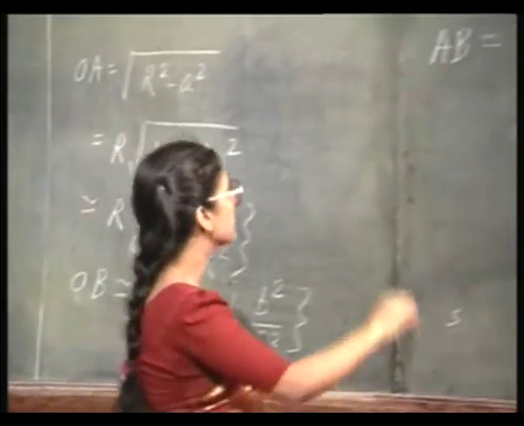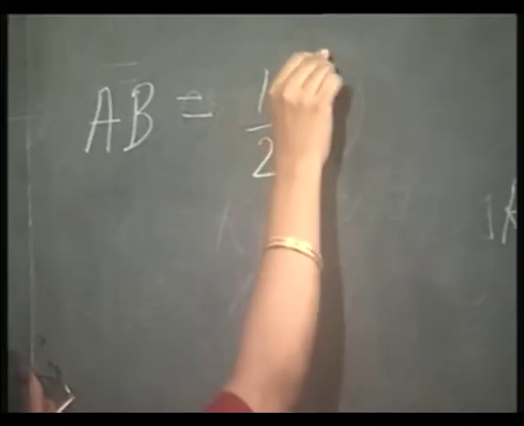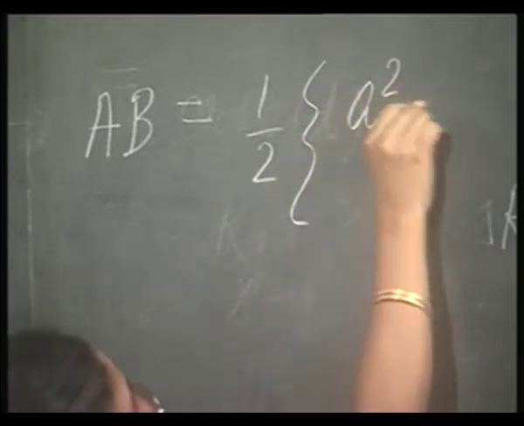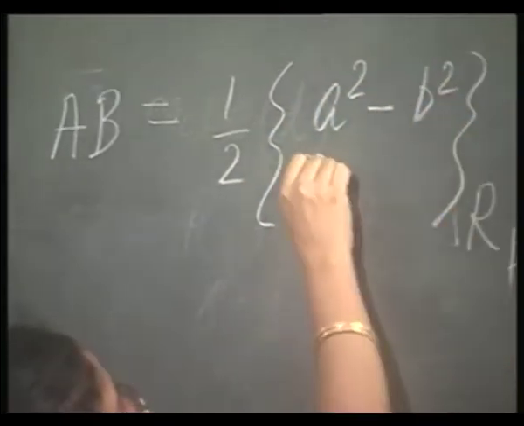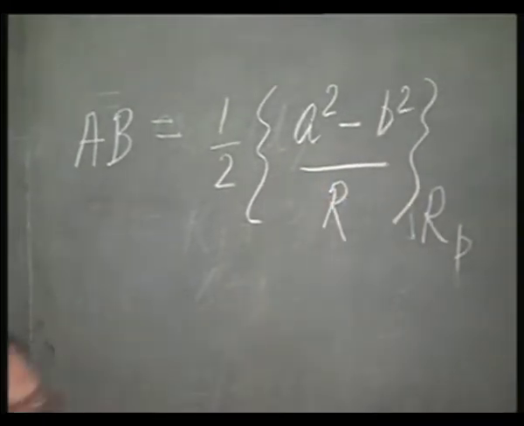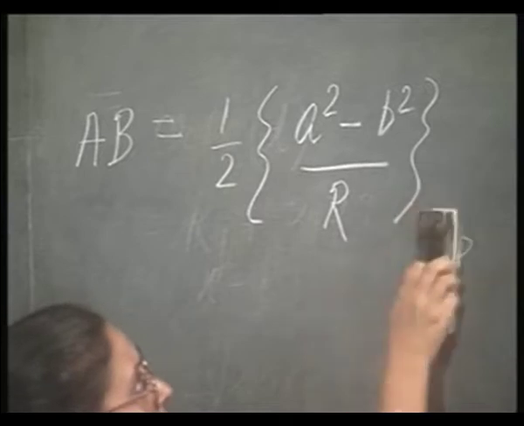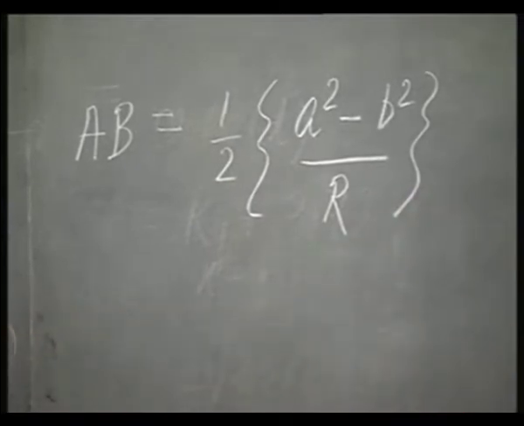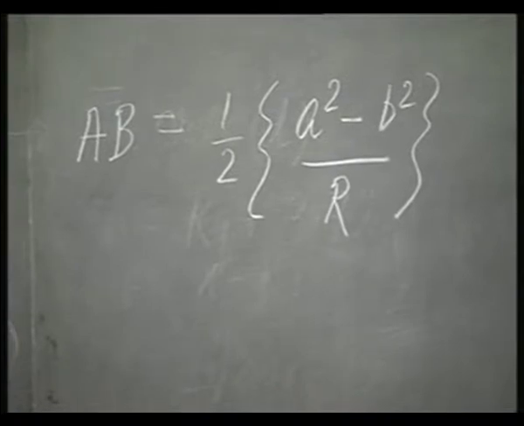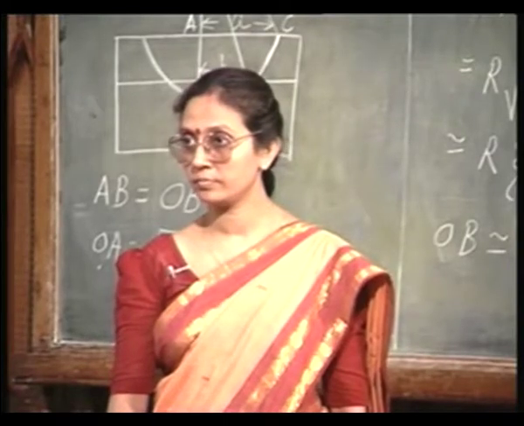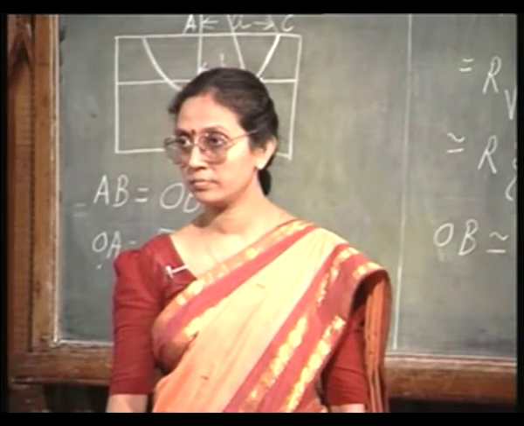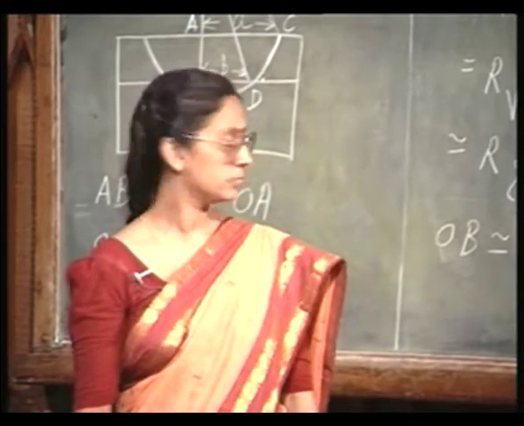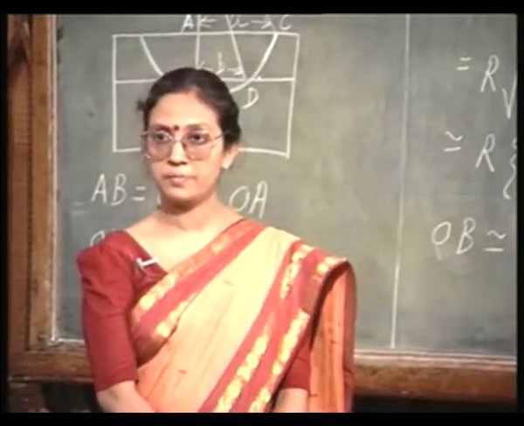What I have is a square minus b square divided by twice R. Right?